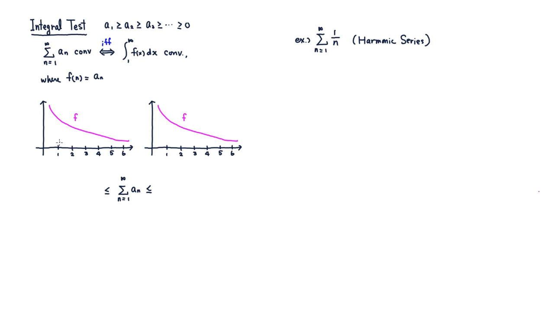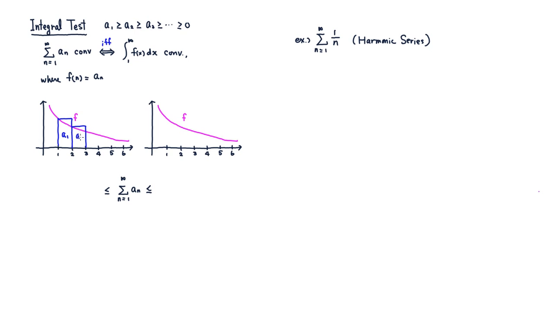Here, this is going to be f(1), which is the same value as a_1. I'm going to use a_1 as the height to create a rectangle with base 1. So this area is going to be a_1. If we add a_2, the height is a_2 here, so I draw a rectangle like this.